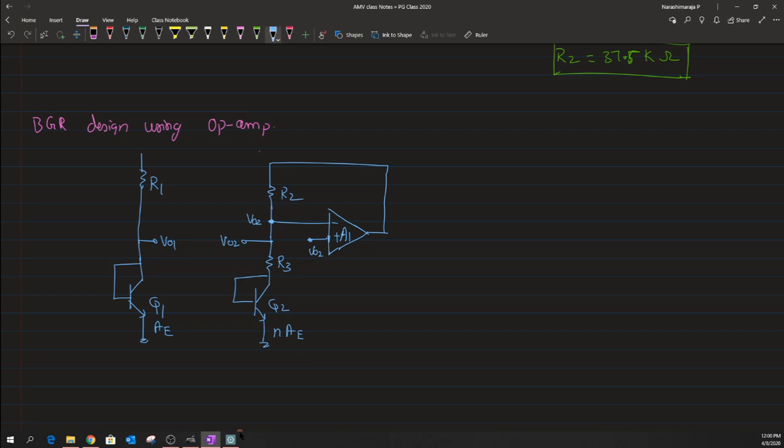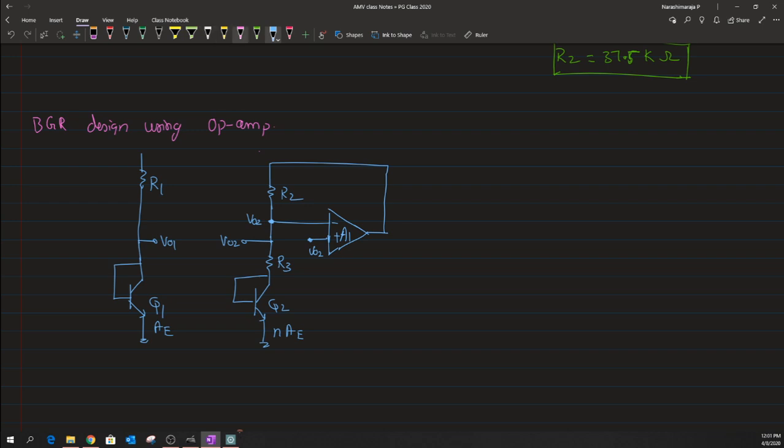Yeah. So this combination of R3 and R2 along with this negative feedback across this A1 op amp will ensure that even this node will also be at VO2. Okay, so now we know that this particular node potential will be kept at VO2, and we also wanted this VO2 to be exactly equal to our VO1.